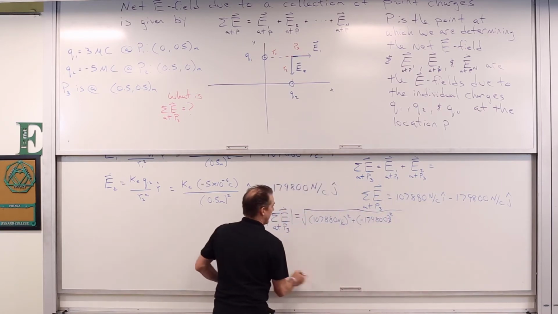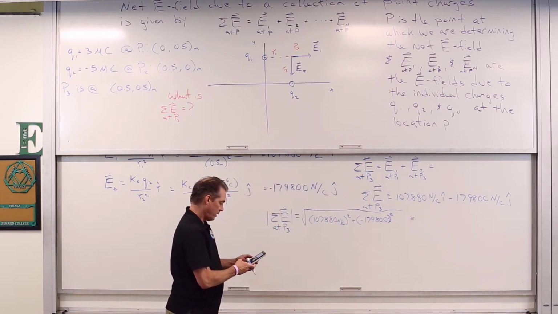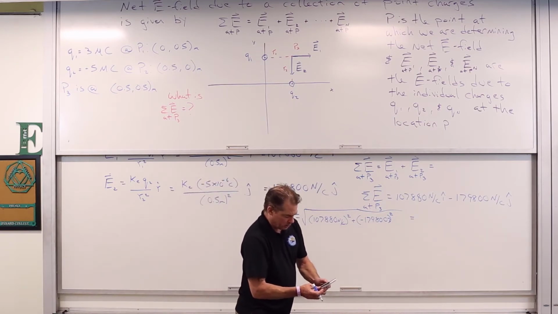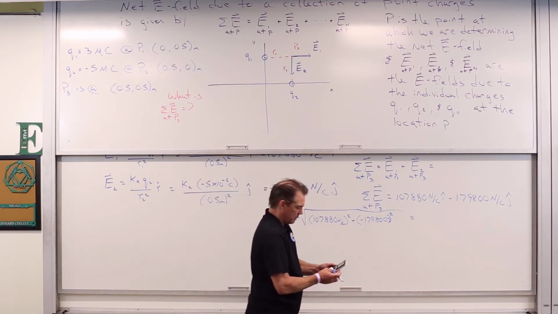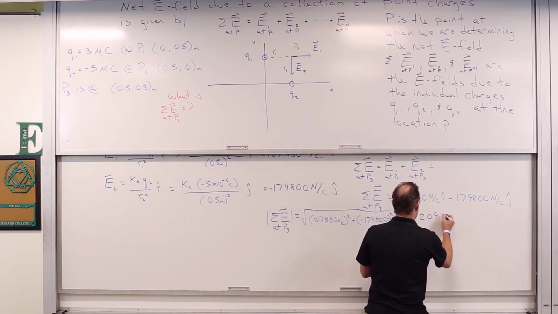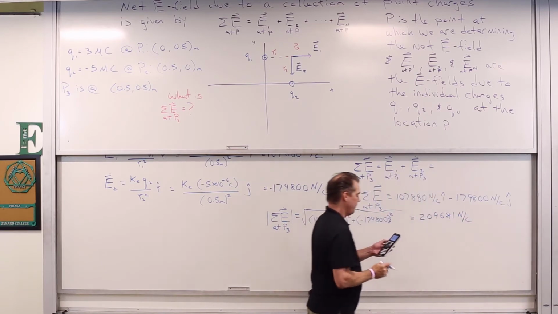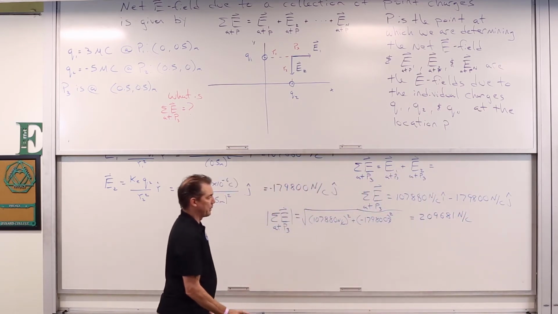And we get ourselves the magnitude, being 209,681 newtons per coulomb.